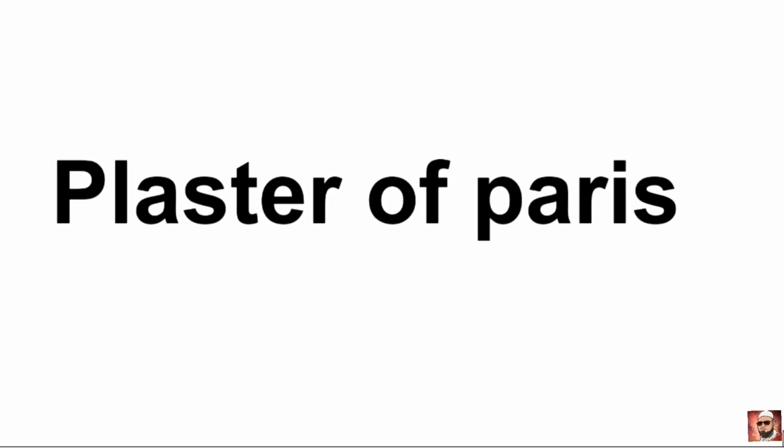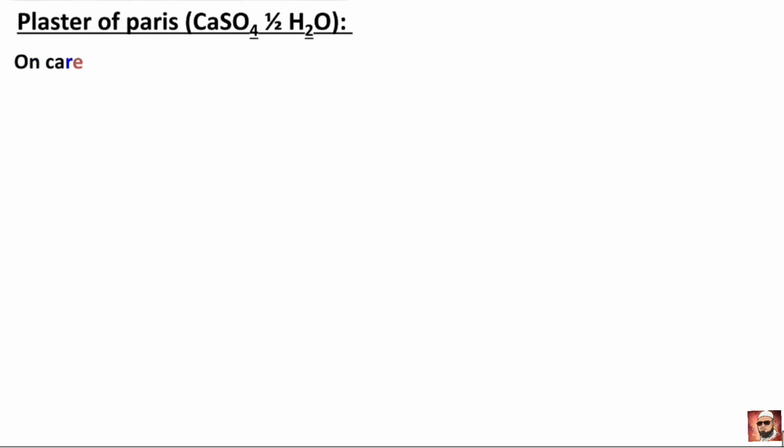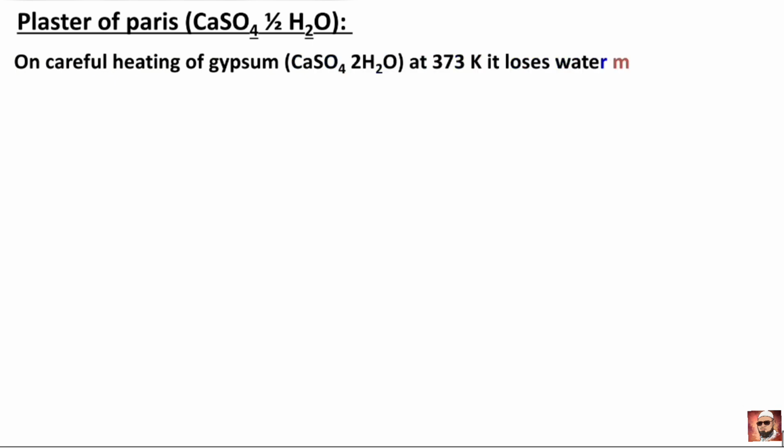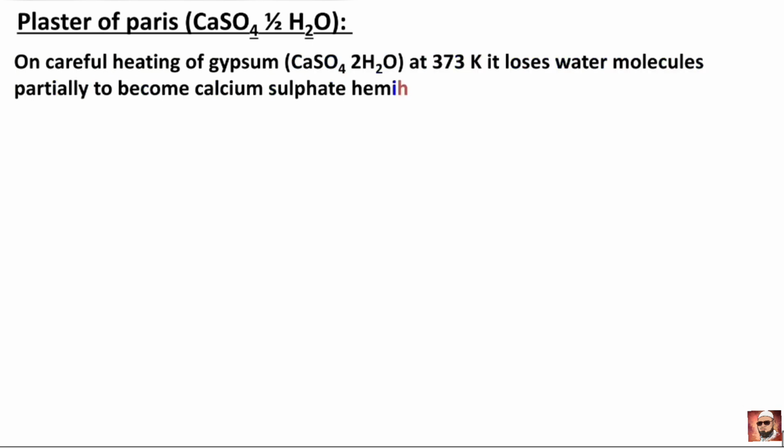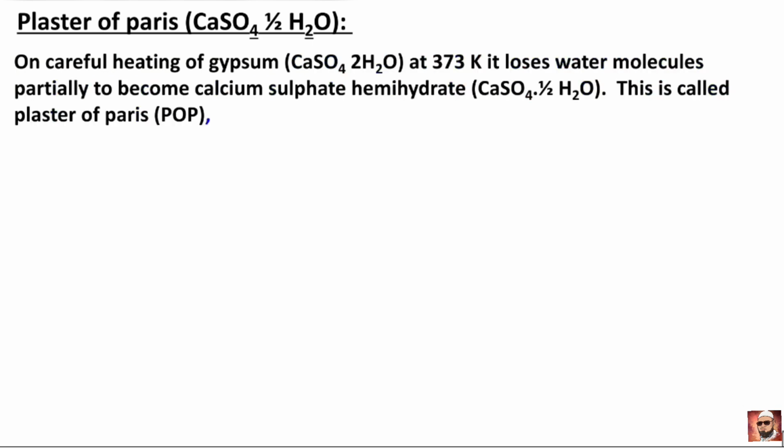Plaster of Paris. The formula of plaster of Paris is CaSO4·1/2 H2O. Now the preparation of plaster of Paris. Plaster of Paris can be prepared by carefully heating gypsum, that is CaSO4·2H2O.